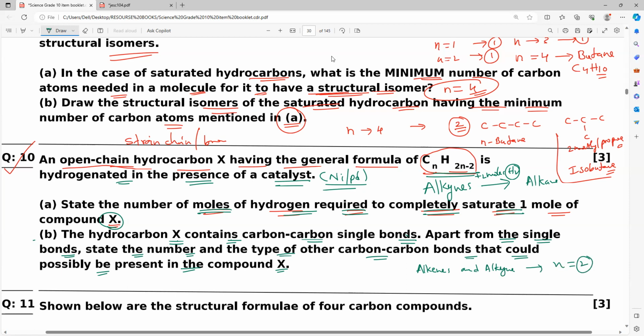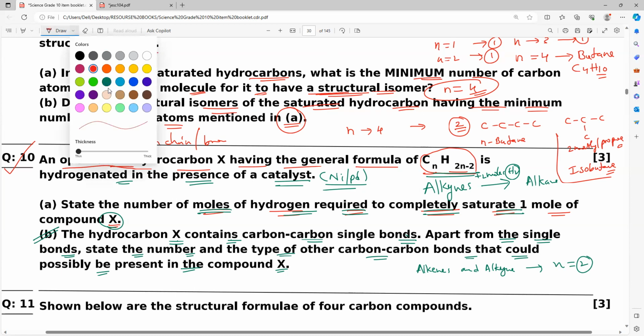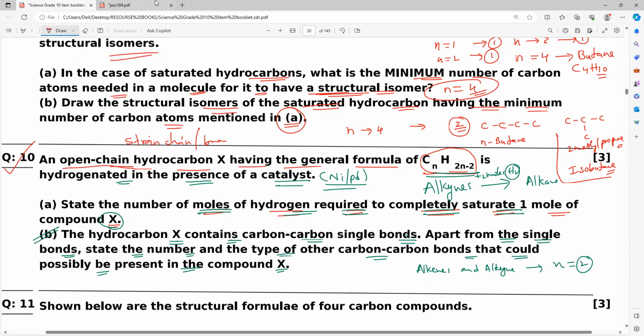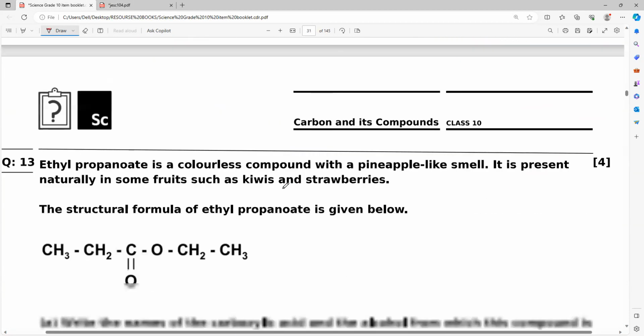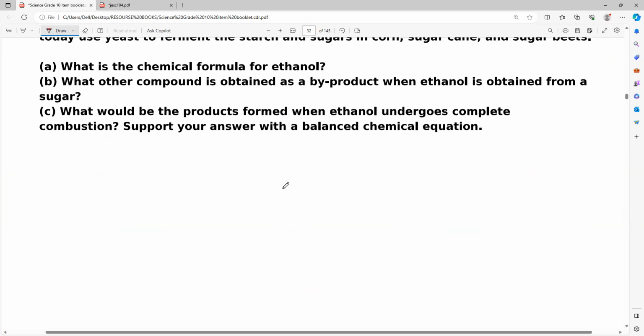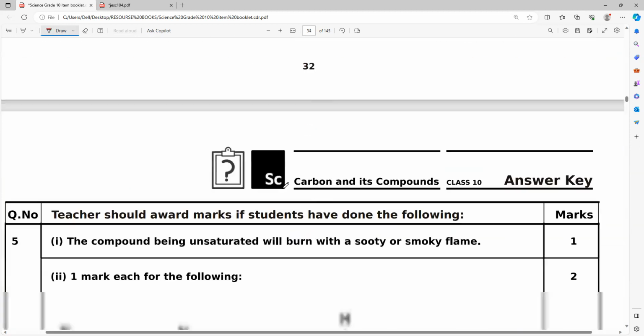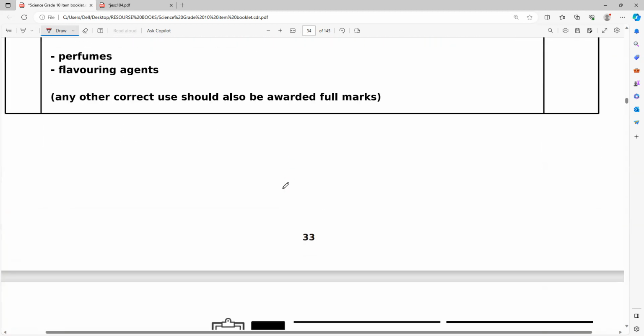For this question you must have complete knowledge. If you simply look at the answer, you cannot even understand what it is, but we will study that and I will explain it.